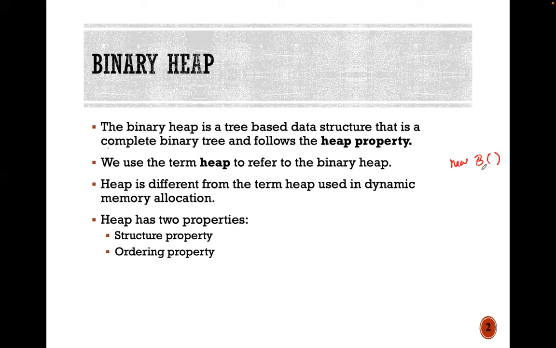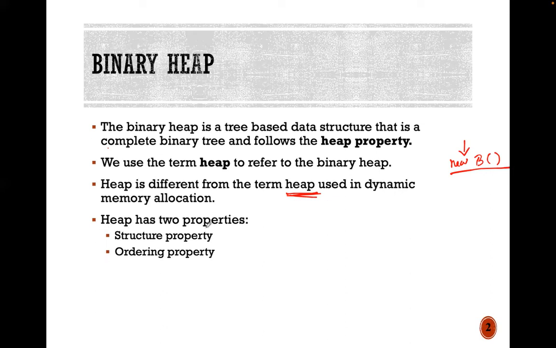During this allocation, the memory space is allocated from a data structure known as heap. This binary heap is actually different from that heap. When you learn about memory allocation, in operating systems also, you may have heard about this data structure, but the heap used in dynamic memory allocation is different from this binary heap.